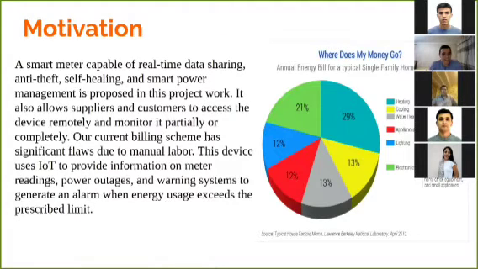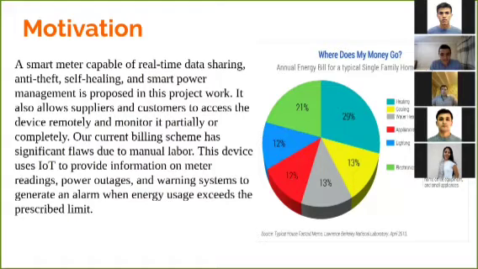The motivation is that our smart system is capable of real-time data sharing, anti-theft, self-healing, and smart power management, as proposed in this project work. It also allows suppliers and customers to access their device remotely and monitor it partially or remotely.